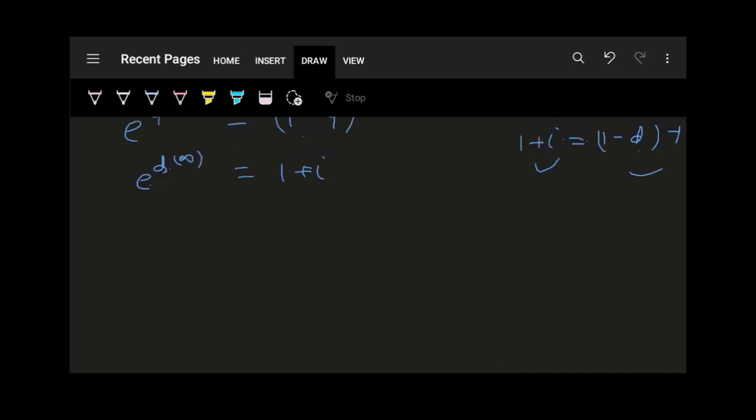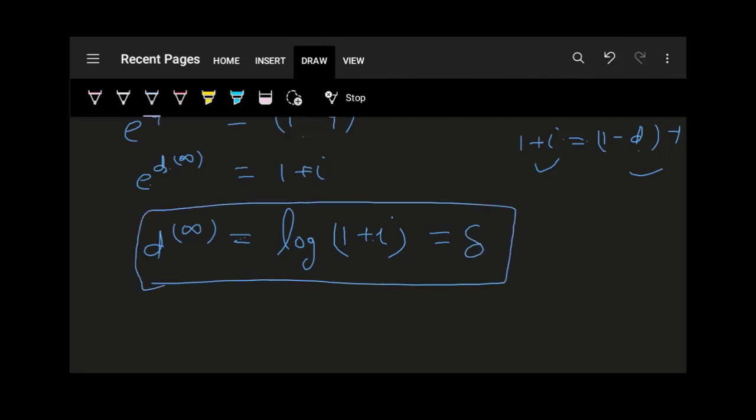Now we get d infinity is equal to log of 1 plus i, but log of 1 plus i was our delta, so we see both of the terms are actually equal.